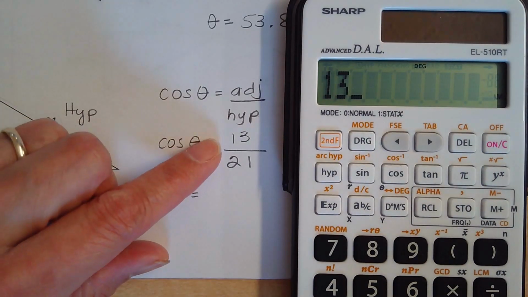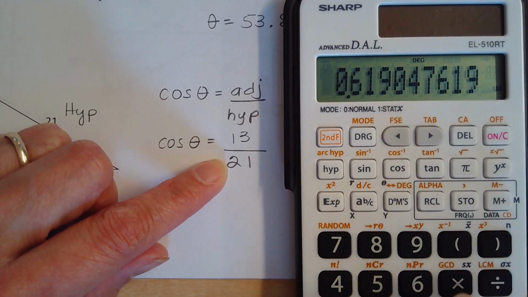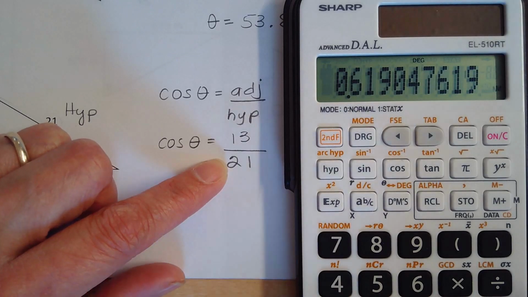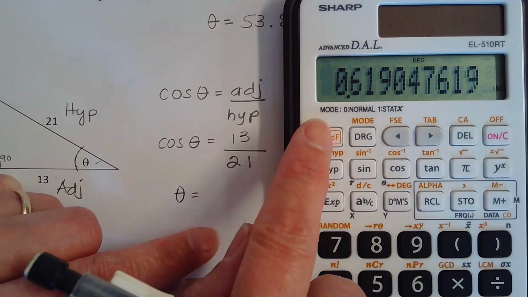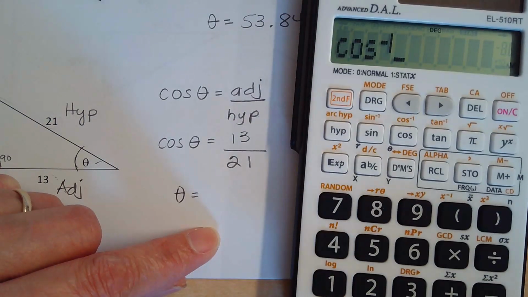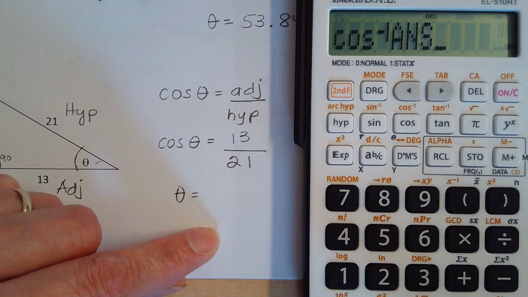Let's figure this out first. 13 divided by 21. It's going to give us a whole lot of numbers, right? 0.619. Keep all the decimals, and then we take the cos inverse of that answer that we just got.